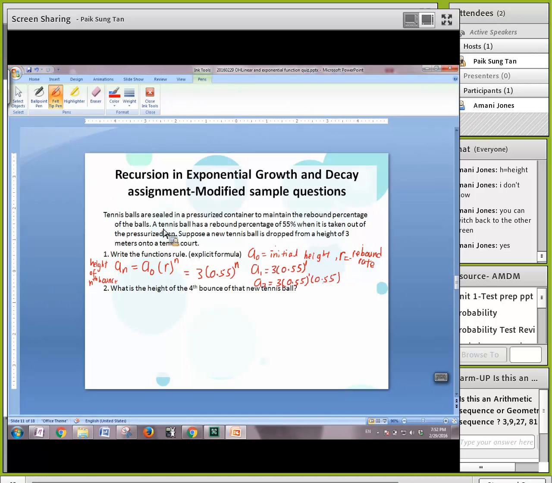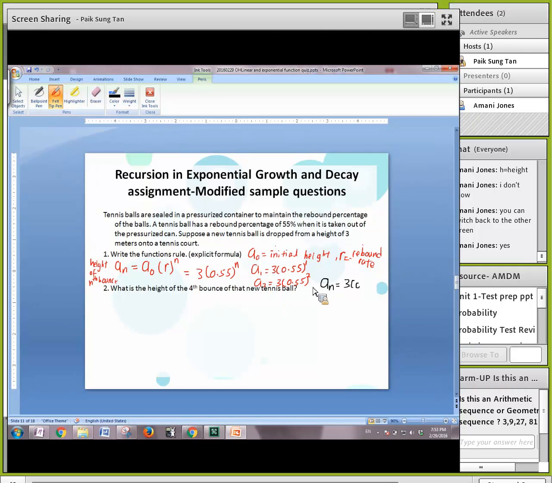Whatever you got from the first bounce, you multiply by 0.55, so you end up with 2 as the exponent. So to get the height of the second bounce, a sub 2, my exponent will be 2. That solves my inquiry. So the exponent is n instead of n minus 1. You always check like that so that you know your formula is correct. Don't just blindly follow the generic formula that the teacher gives you.